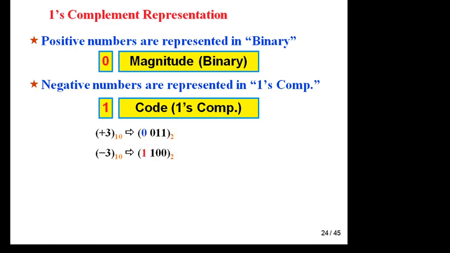This is your plus 3: 0 1 1. And minus 3: 1 is the sign, and what is the ones complement of the magnitude? Change 1 to 0, 1 to 0, 0 to 1. So minus 3 you will represent like this. Minus 3 is nothing but the ones complement of plus 3.